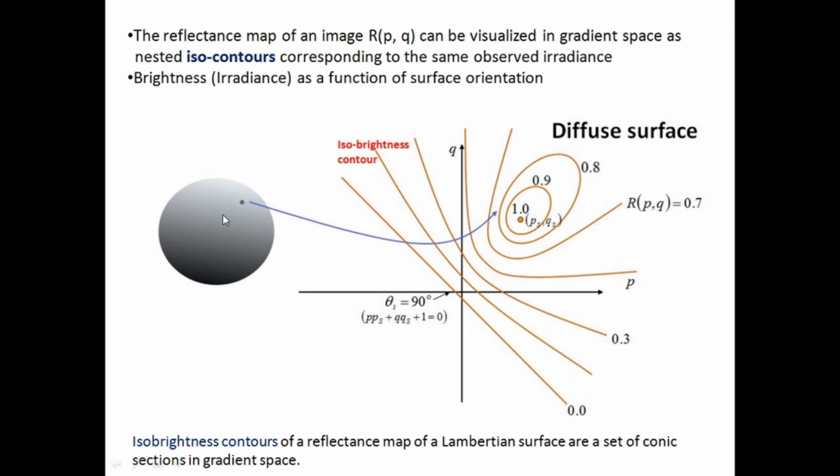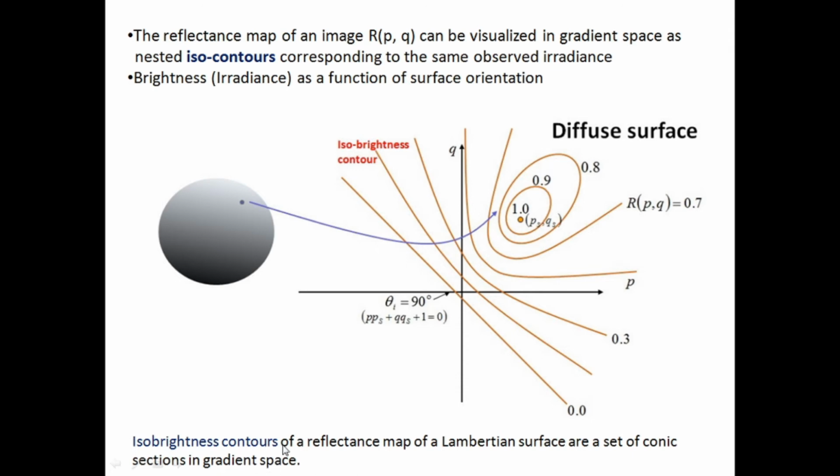This reflectance map is completely dependent on your surface orientation as well as your brightness. These are iso-brightness contours, because for different brightness values we get different iso contours.